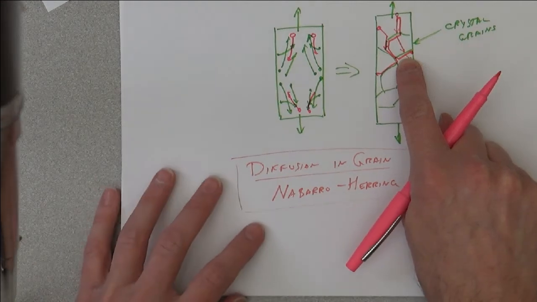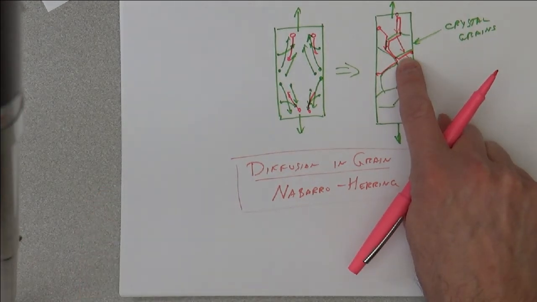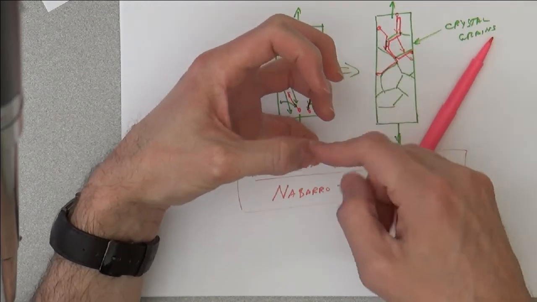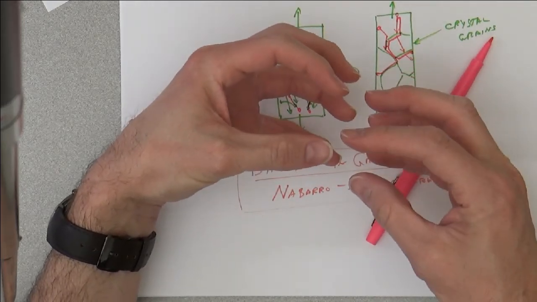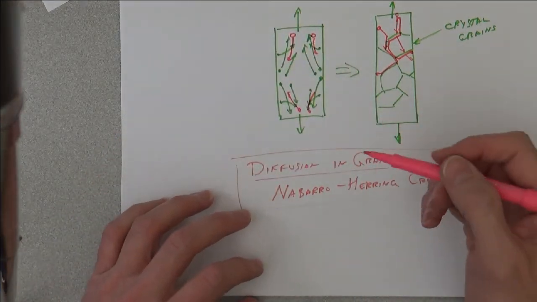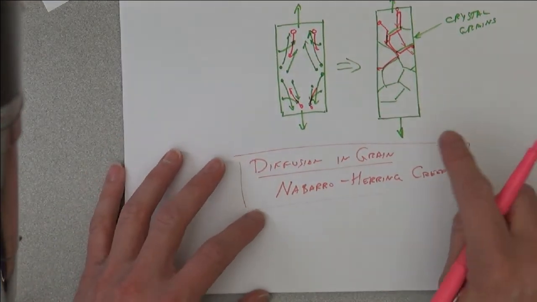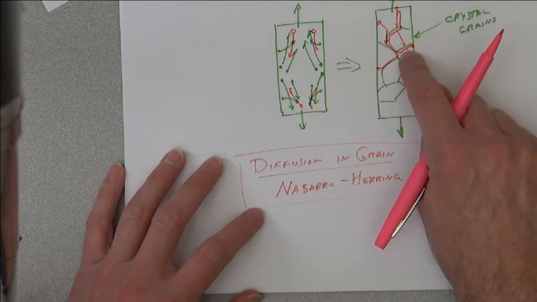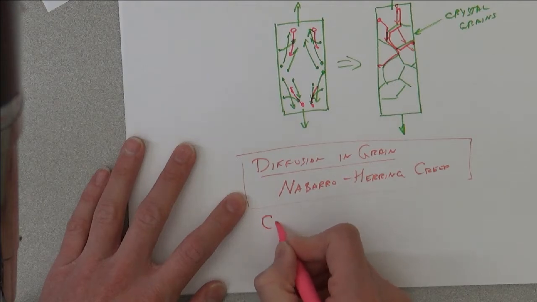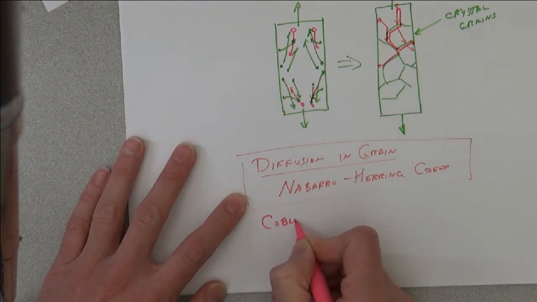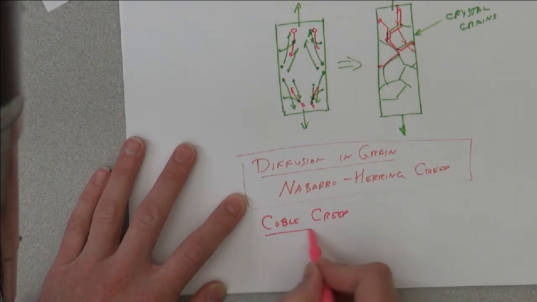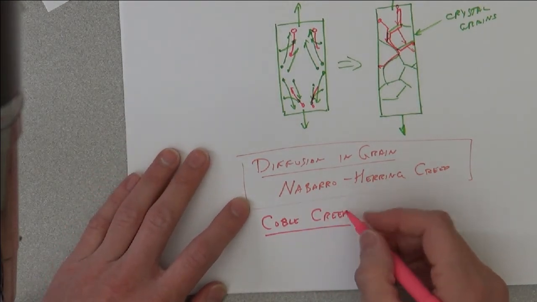You can imagine these grain boundaries are just a bunch of broken bonds dangling there. That leaves a relatively wide gap and plenty of room for atoms to diffuse and vacancies to move as well. So that's actually a much easier pathway. And we call this Coble creep. Coble creep is grain boundary diffusion.